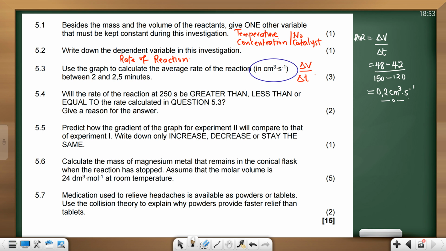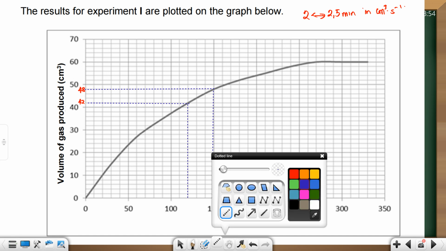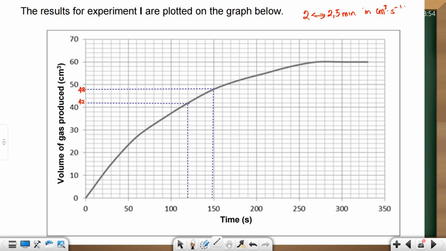Will the rate of the reaction at 250 seconds be greater than, less than, or equal to our answer in 5.3? Wait, 250 seconds. Where did we stop? At 150, right? Okay, where is 250? What's your answer, guys? Here is 250 seconds.